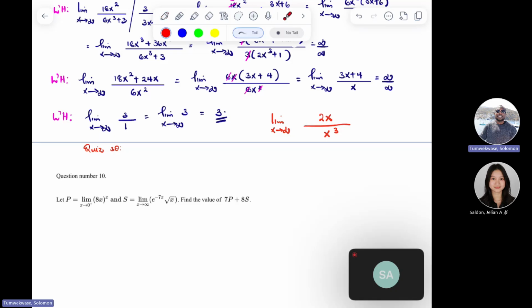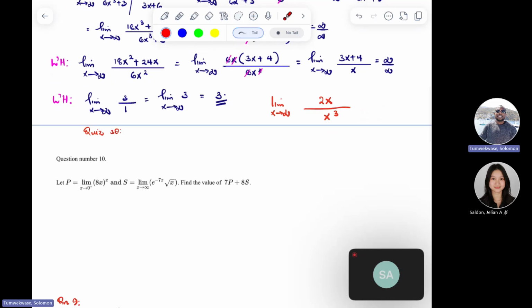Now, if I substitute directly into this function, I'll have infinity over infinity, so I would be tempted to take L'Hopital's rule. But there is something I can do to this function. I can reduce this x and this x so that I have the limit as x approaches infinity of 2 over x squared.